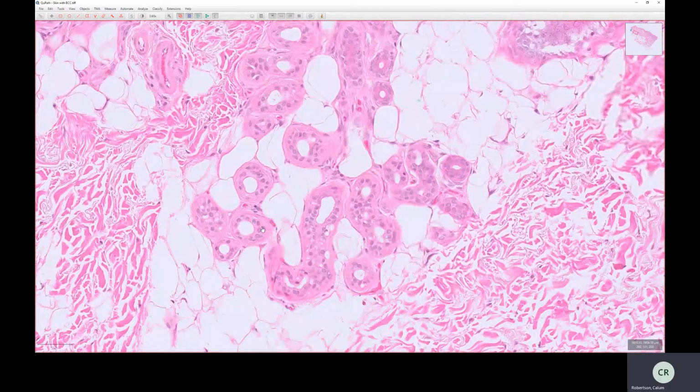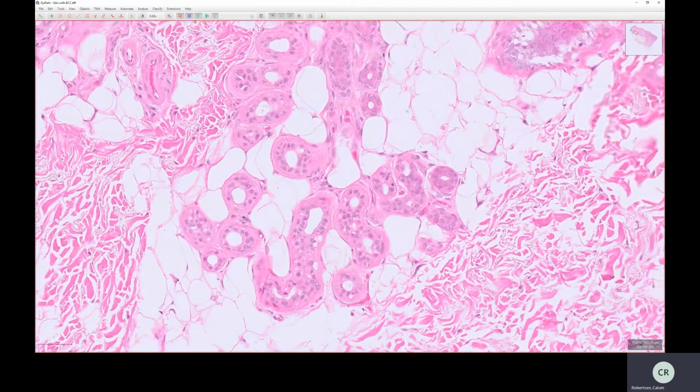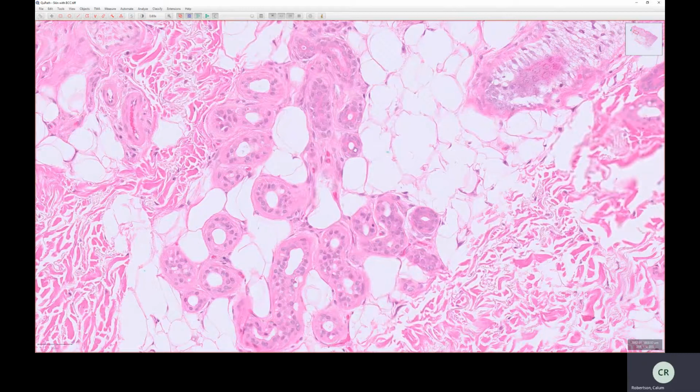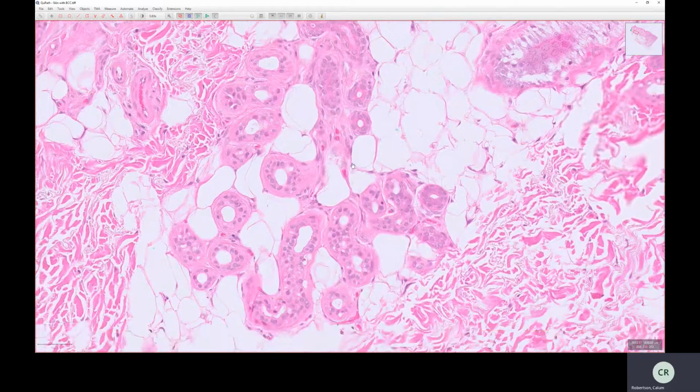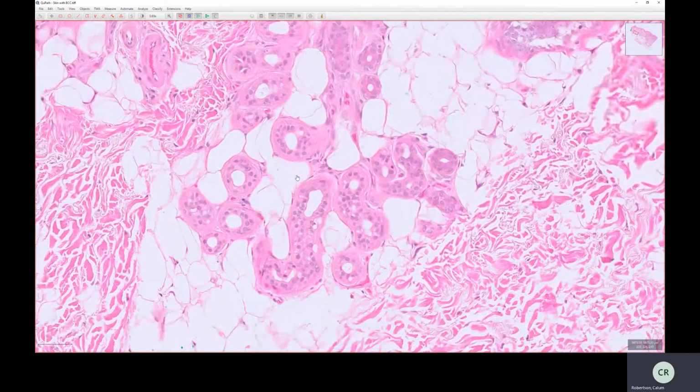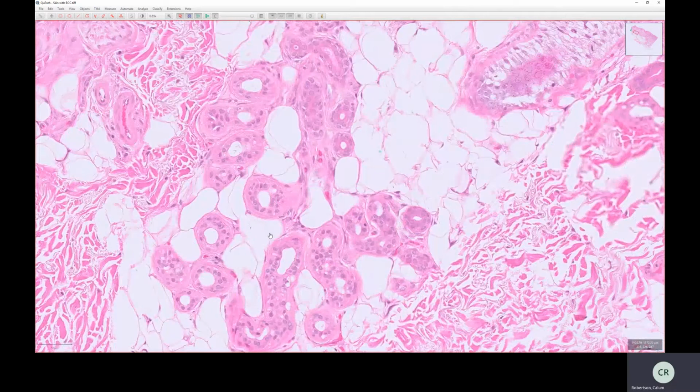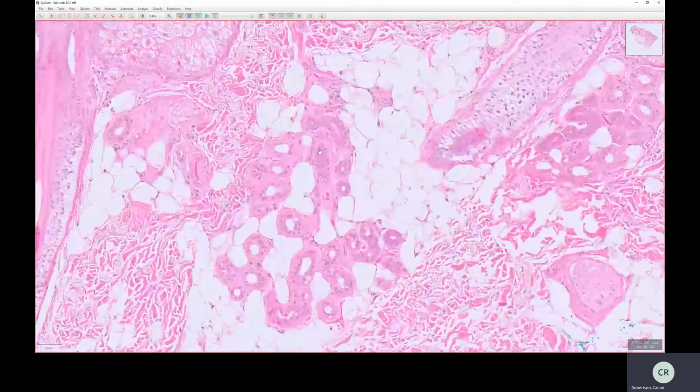Some of the tubules are secretory, some of them are just for transport, and I don't think it's very easy to tell which of the tubules is secretory, and which of them are ductal structures, where the ducts will lead to the surface.